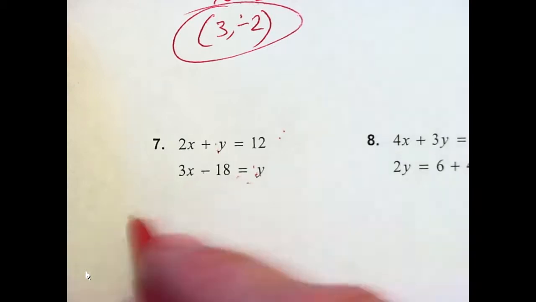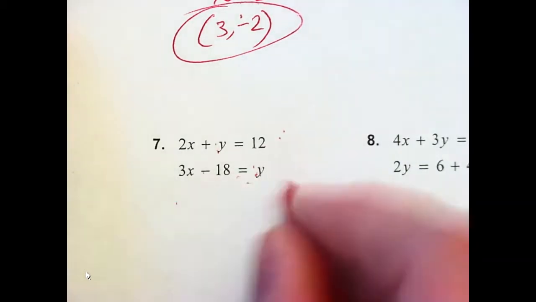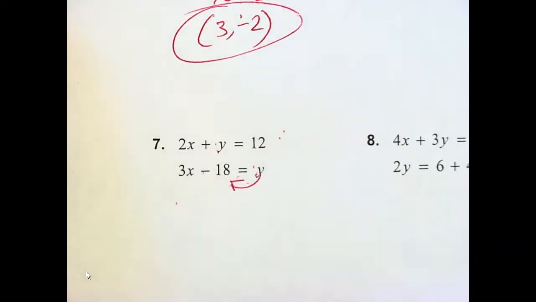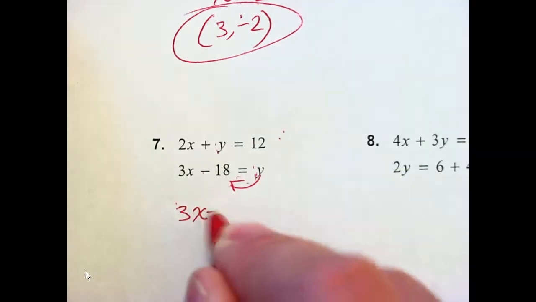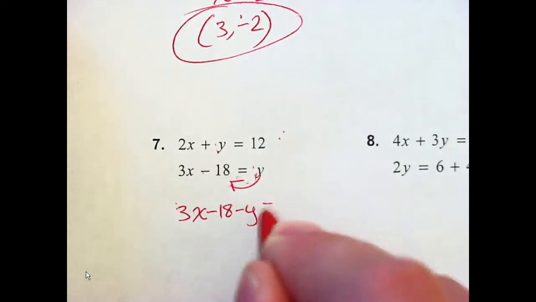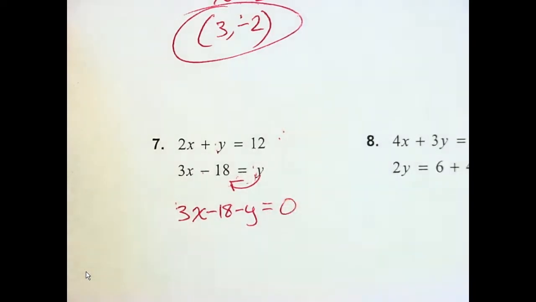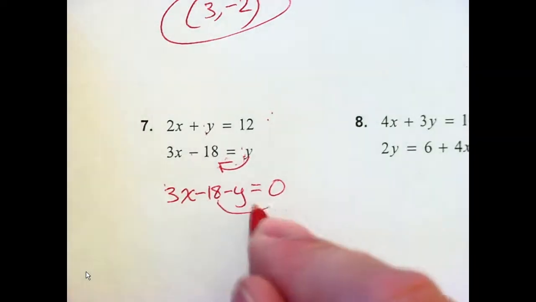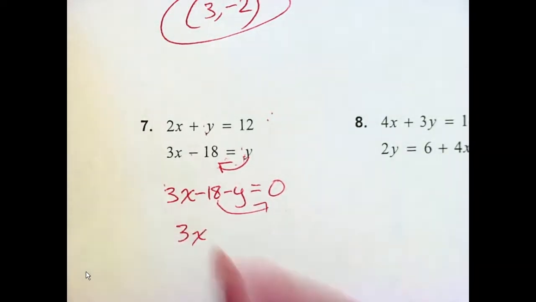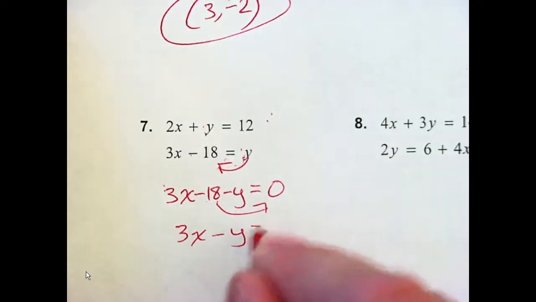Just because I've got some room there. So if I move this y over here, what do I have to do to it? Subtract it. So that's 3x minus 18 minus y now equals 0. Now you move the 18 over. 3x minus y equals 18.